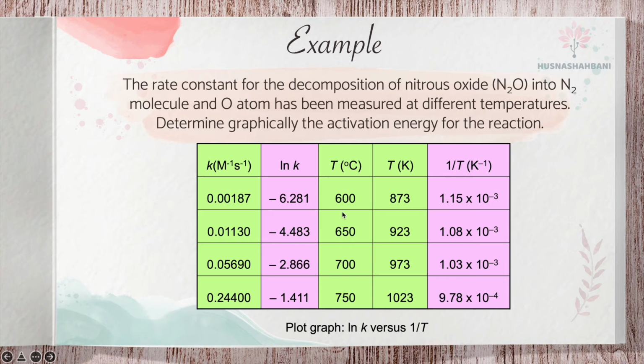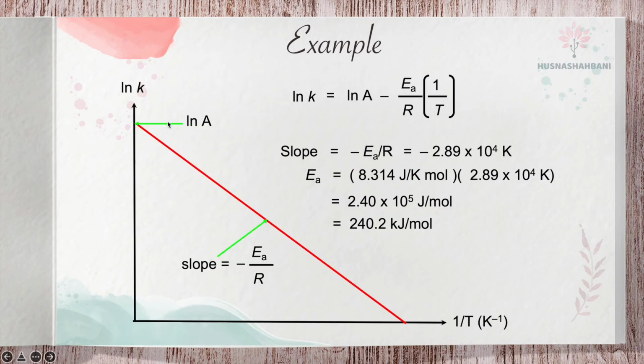So change this temperature from degrees Celsius to Kelvin first and then calculate 1 over T. Now you have to plot the graph of ln k versus 1 over T. How do you know whether you have to plot ln k versus 1 over T? Because we need to find the activation energy from the graph, and we know that the gradient equals negative activation energy over R. So that's how you know you have to plot ln k versus 1 over T.